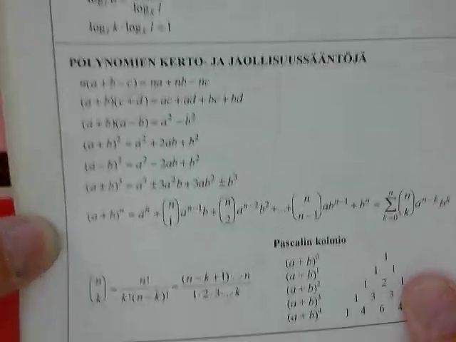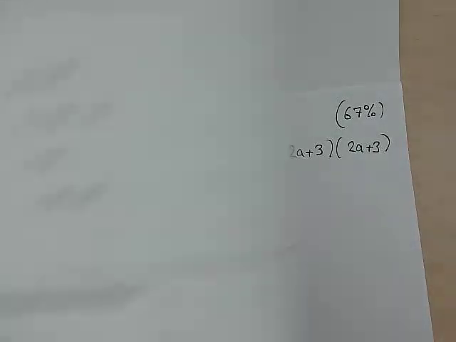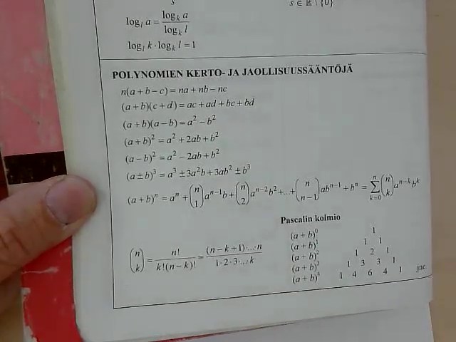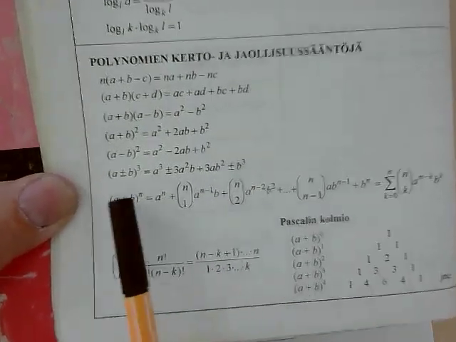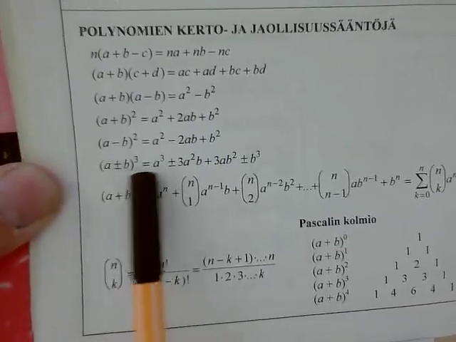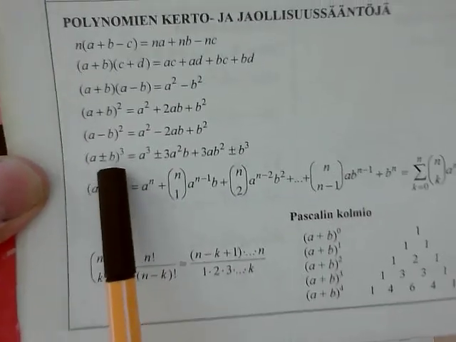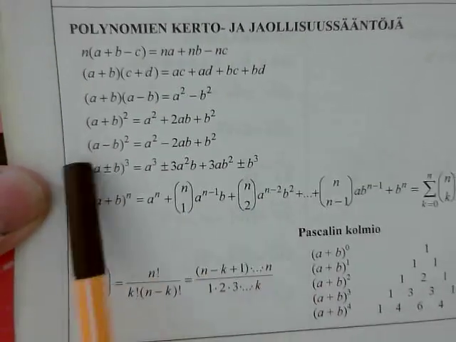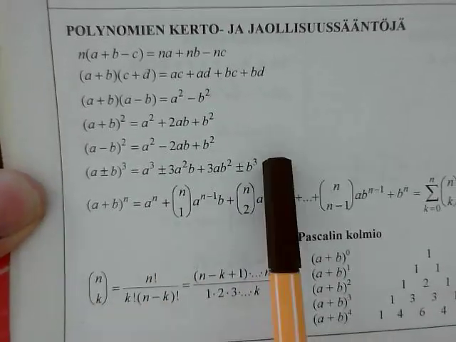Actually, I don't know where there is division. There is none. Actually, there are only multiplication rules if I look at this. And here we see the formula, written like this in this book.